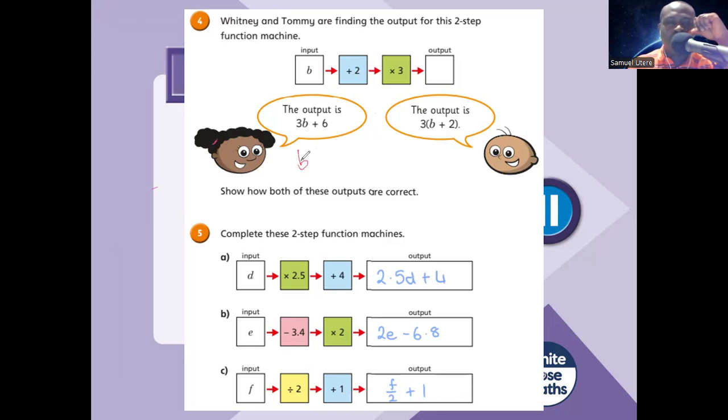We have one bar, which is b, and we have another bar, which is 2. Remember, for the bar model, we're always adding. And then if we add the bars, we can have one lot of bar, which is b plus 2. And then we're making 3 lots of that, which is this one here. So both of them are correct.